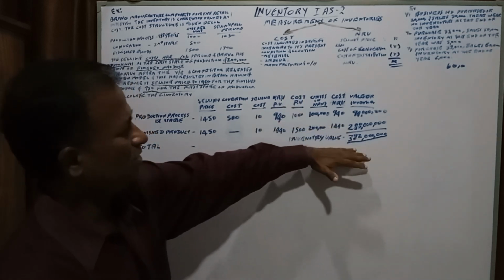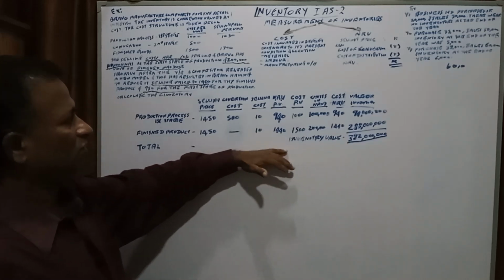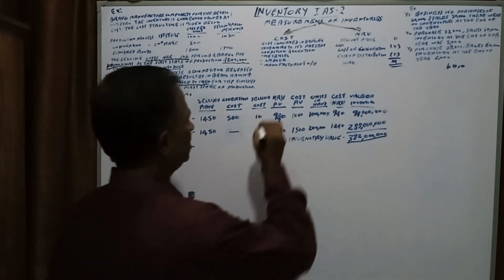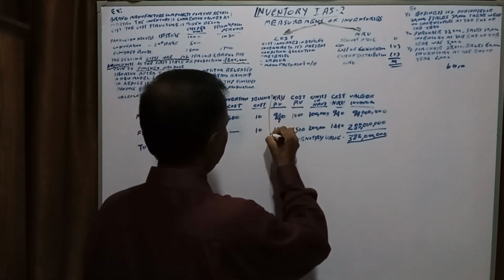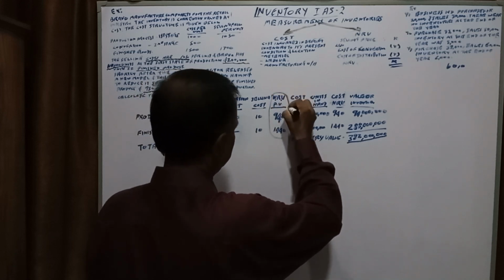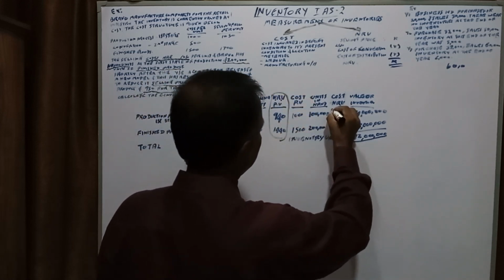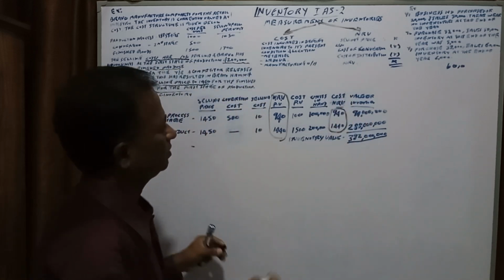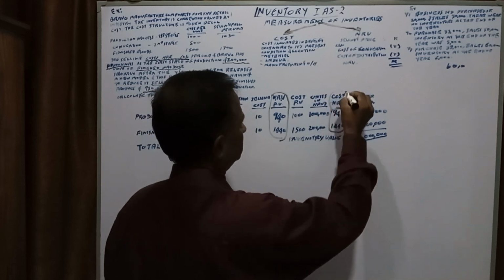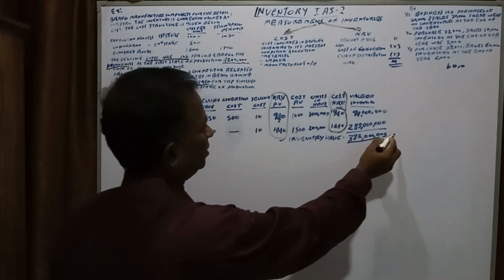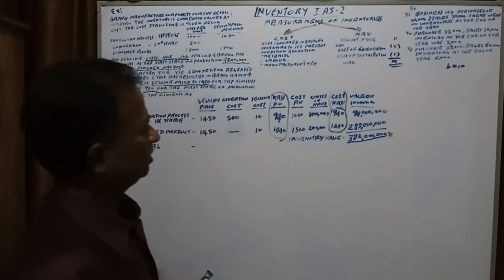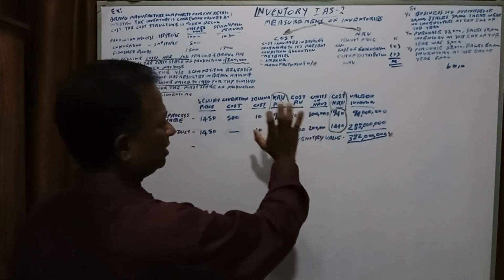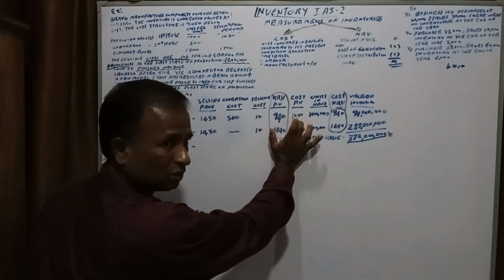Have you understood this one? We have taken the net present value. Have you got it into your mind? This net present value only we have applied here, cost and net present value, right? That's how we got this amount, because we have compared the net present value with the cost of the product.